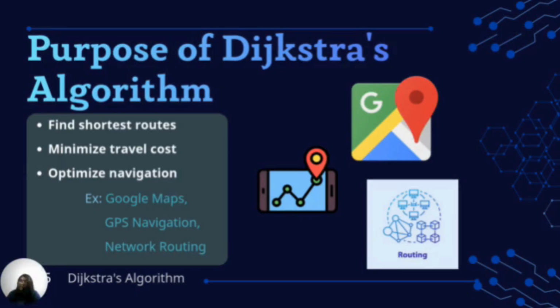Routers use similar algorithms to send data efficiently. Delivery companies use shortest path calculations to reduce transportation costs. Without shortest path algorithms, these systems would be slower and less efficient.